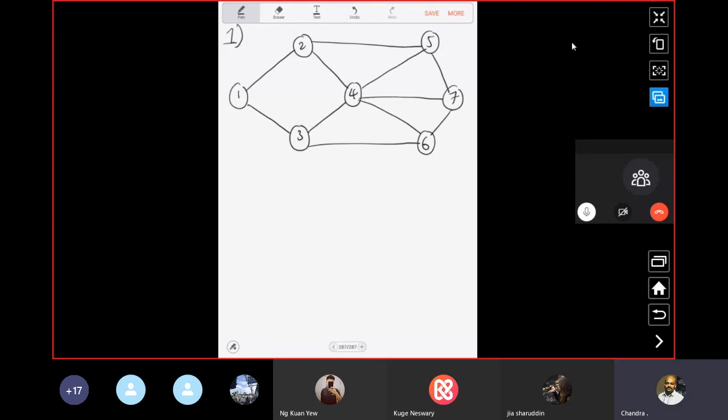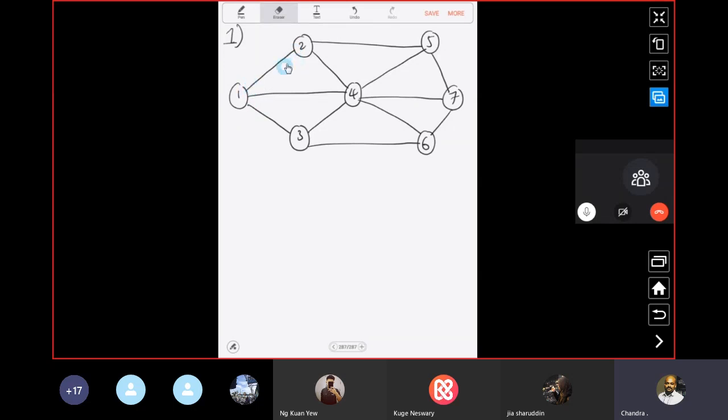Just imagine all these are some cities, some town or some district, whereby the circle we call a node. All these nodes, imagine it's a city or some state. These cities are connected by roads. We call that a network.